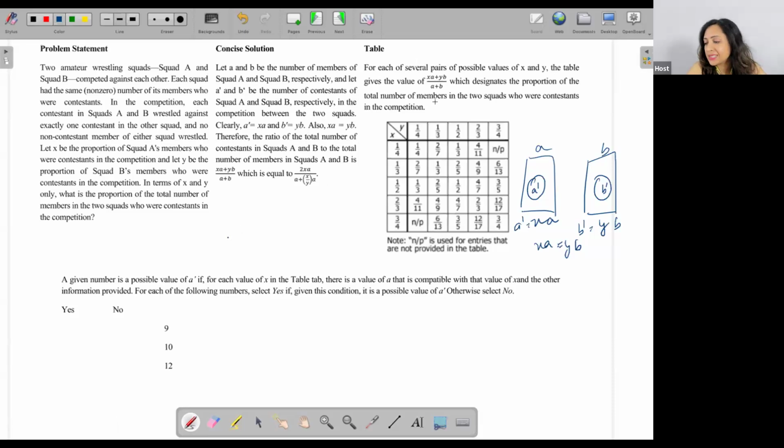And this is the only slightly tricky question of the set. I'll give you another minute.